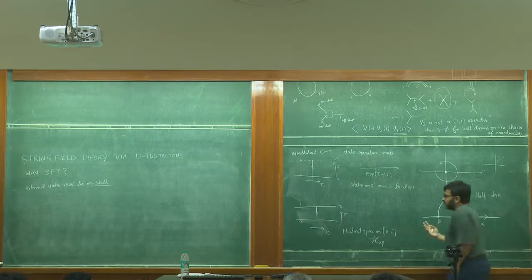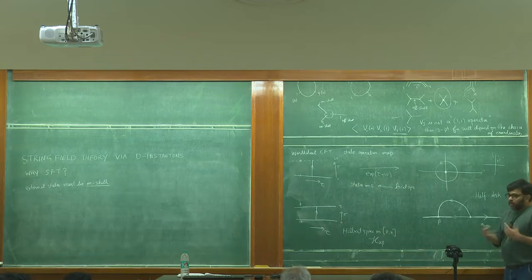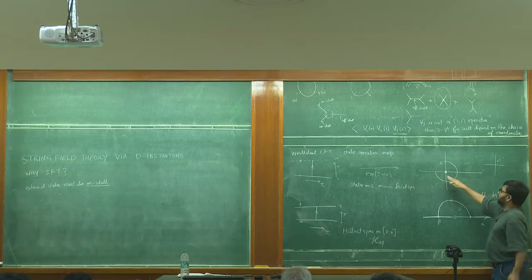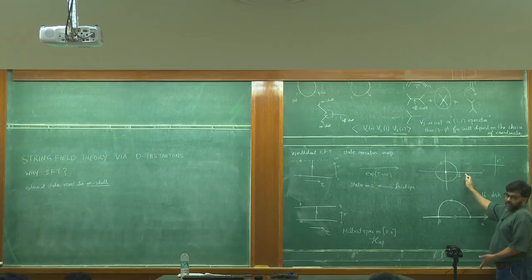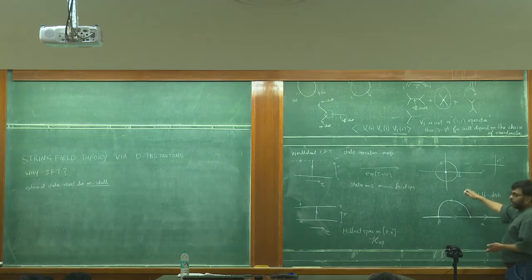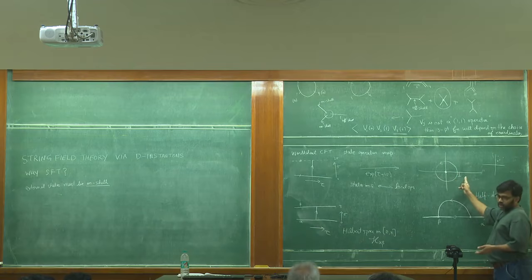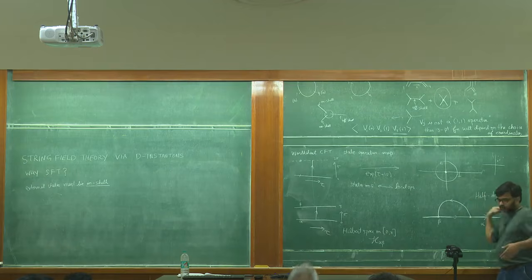But what I'm saying is that it's important to realize why the state operator mapping is discussed in a CFT. You could have said that I insert the operator here and I do this path integral with a disk of some fixed radius. That defines a state. But in typical correlation functions, there will be operators closer to this operator than distance 1. Then this is meaningless, I mean this is useless.